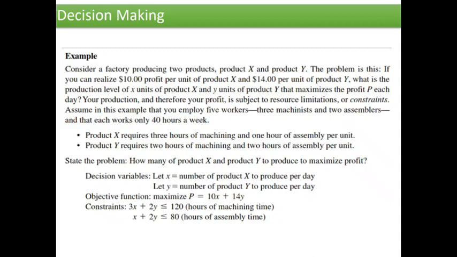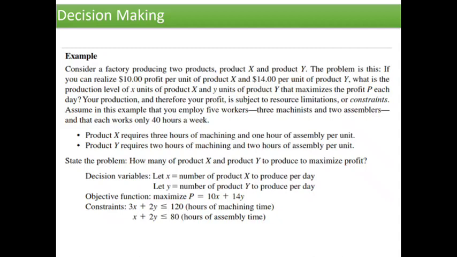So we can say that there are 5 workers, so each has to work 8 hours. Now product X requires 3 hours of machining and 1 hour of assembly per unit, and product Y requires 2 hours of machining and 2 hours of assembly per unit. So this is also a condition.